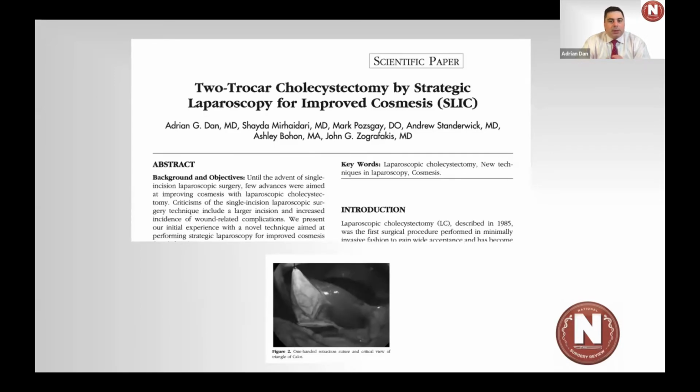And if you want to see who that would be, this is a publication that we had in 2011, where we realized that with advanced laparoscopic skills, when you do complex procedures, you can certainly decrease the amount of incisions and improve the cosmesis in patients who would be good candidates for that.